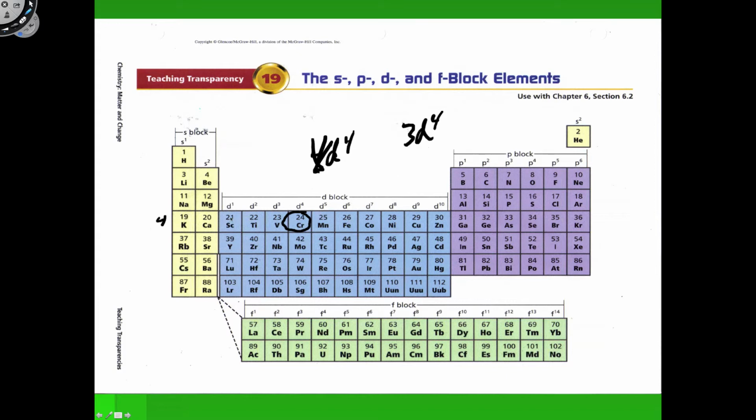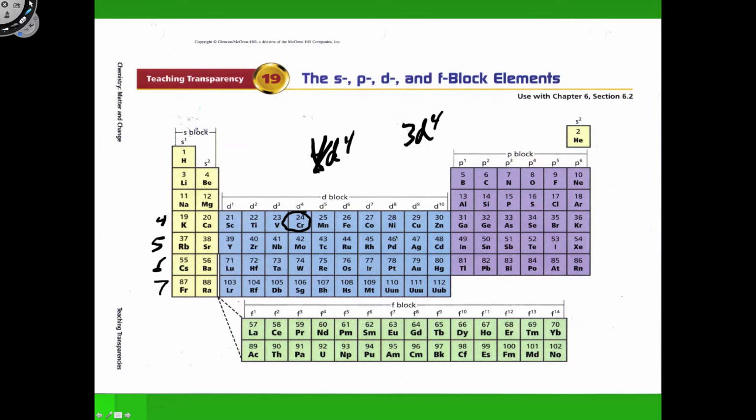So even though it is in the 4th row of the periodic table, it's actually in the 3d sublevel. So anything in the fourth row that's a D block element is going to end in 3. If it's in the fifth row, it's going to end in 4. If it's in the sixth row, it's going to end in 5. And if it's in the seventh row, it's going to end in 6.